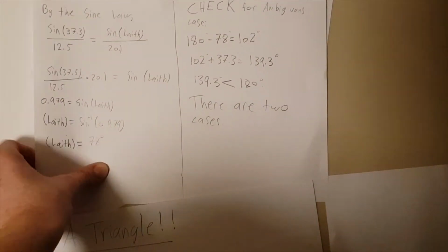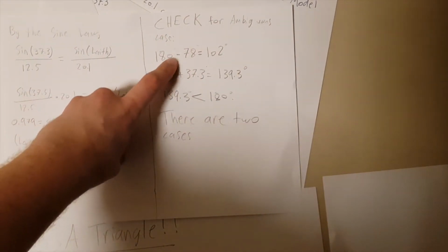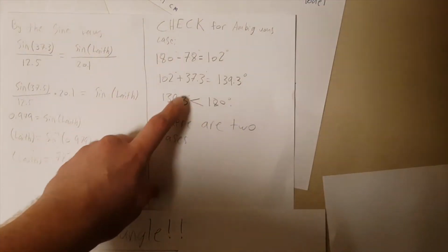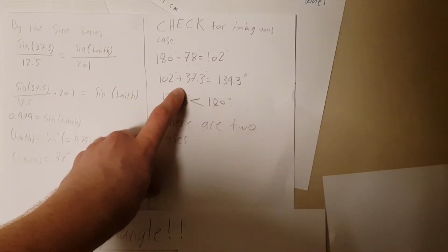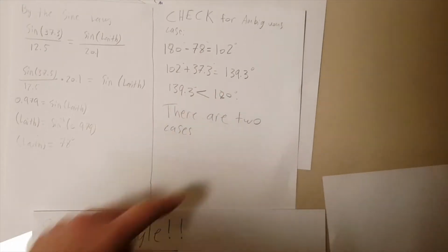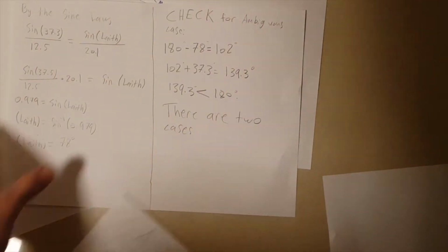Now, we have to check for the ambiguous case by doing 180 minus the angle we found while solving for it, and then we have to add the original angle given in the question to it until we get 139.3, which is less than 180. So there are two cases for this triangle.